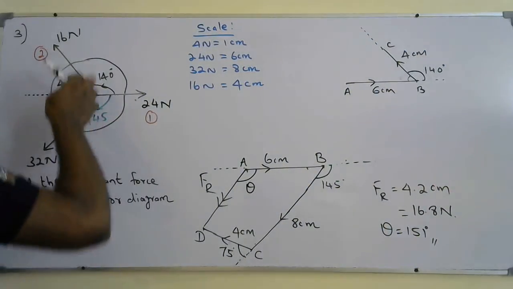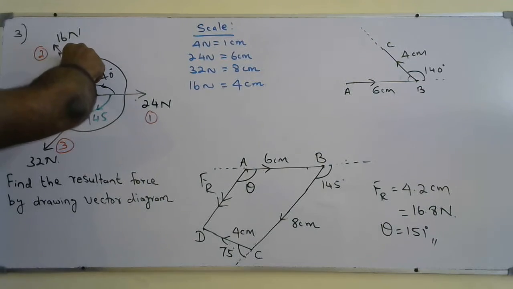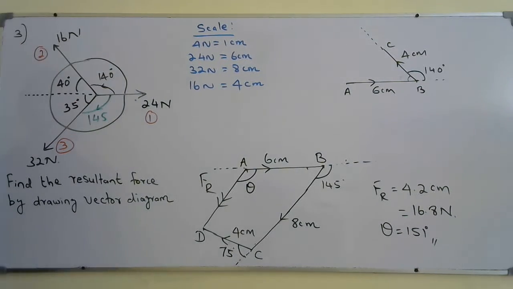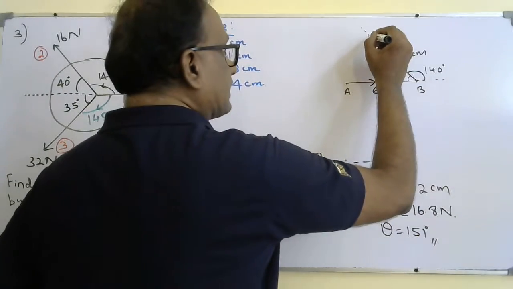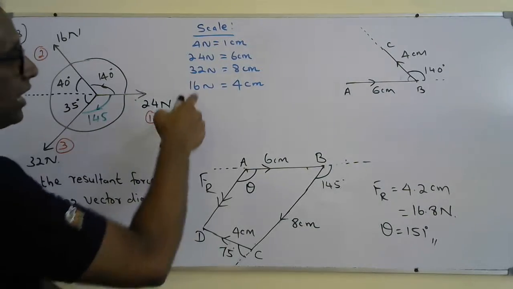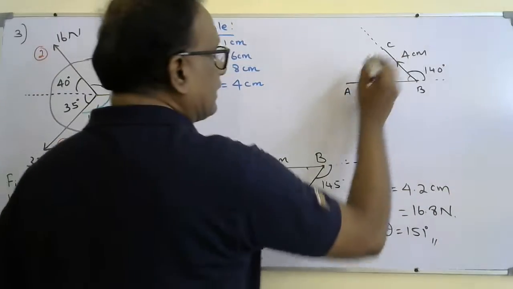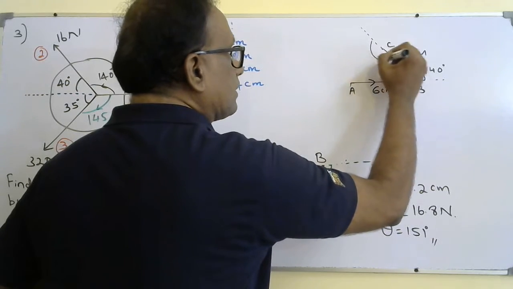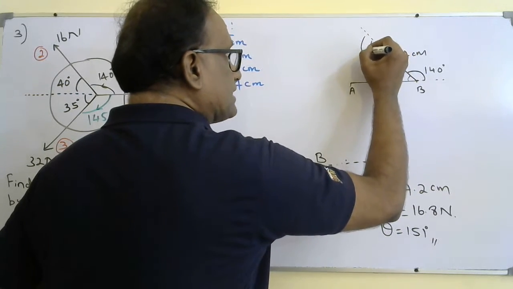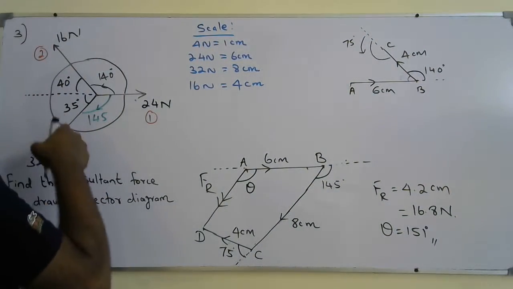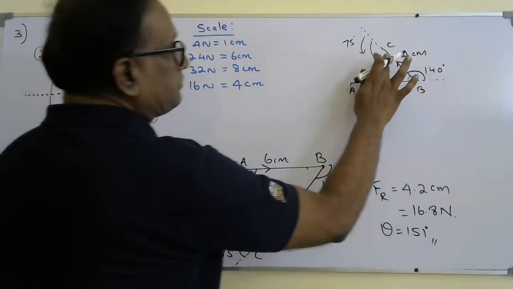Now what's the angle from here to here, from this one in the anti-clockwise direction? 75 degrees. So in the anti-clockwise direction, measure 75 degrees and draw a line of length 8 centimeters. Keep your protractor here and measure 75 degrees in this direction.